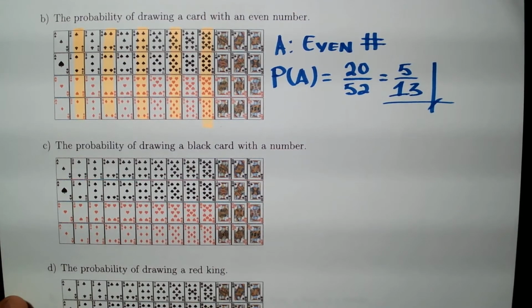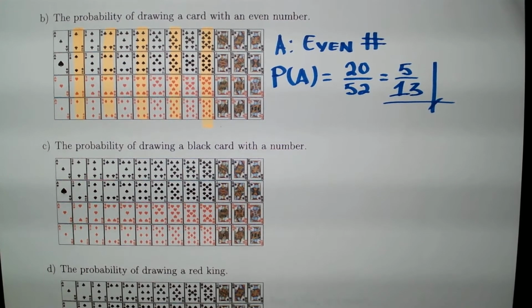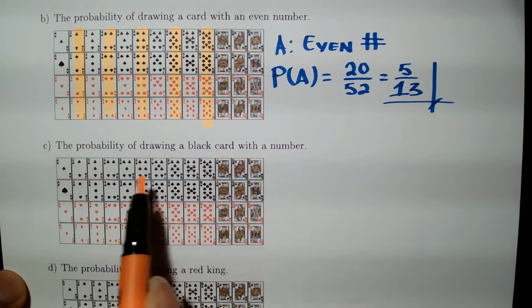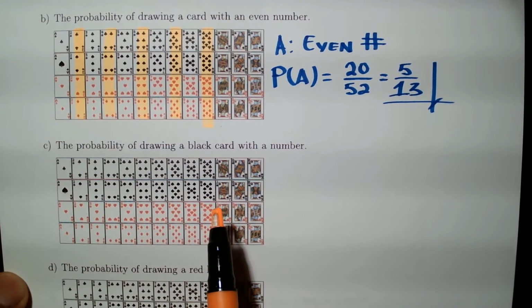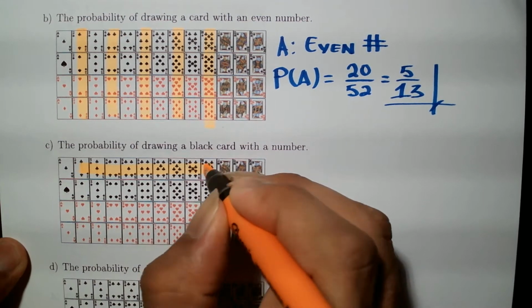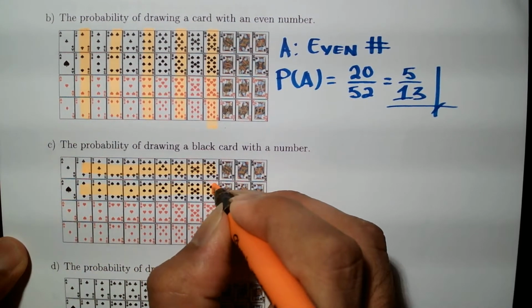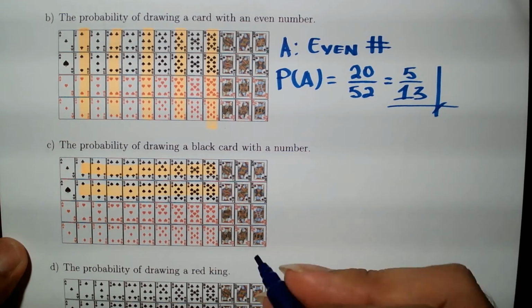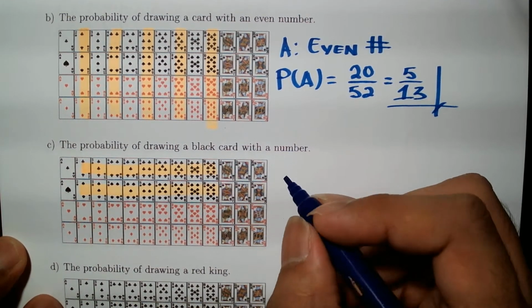Now, let's see. The probability of drawing a black card with a number. Okay, we need to be careful here. So now we look at all the black cards that are in the first 2 rows. However, we only want those that have numbers. In this case, the black cards from 2 to 10.